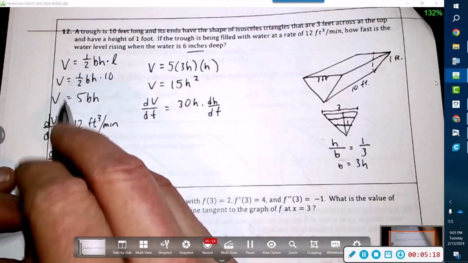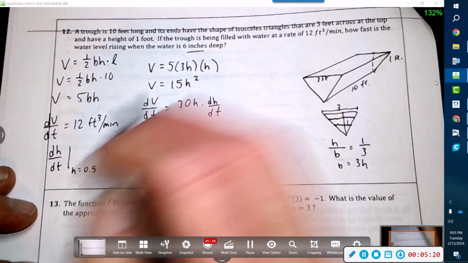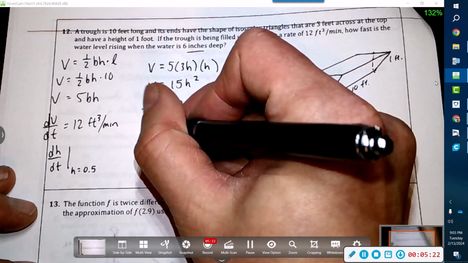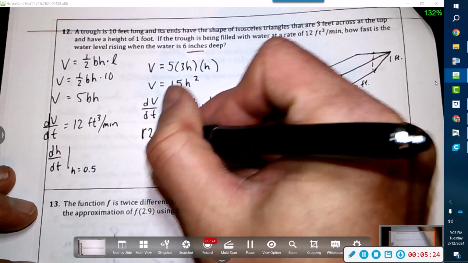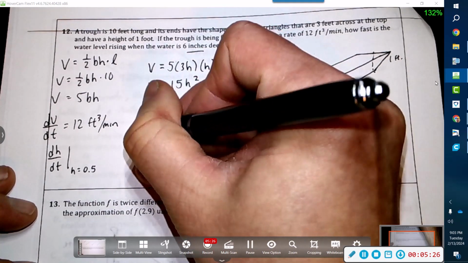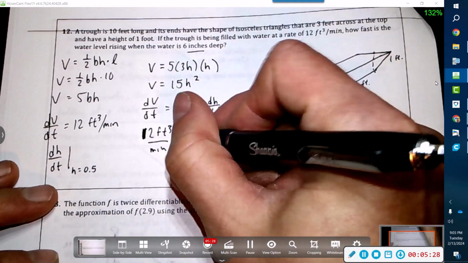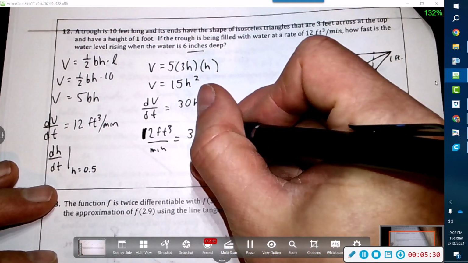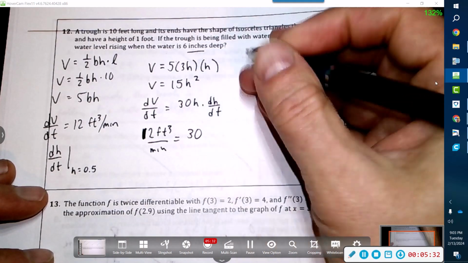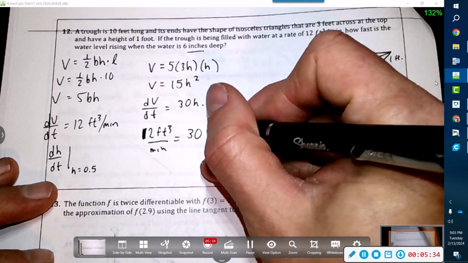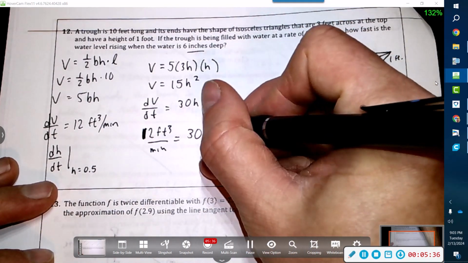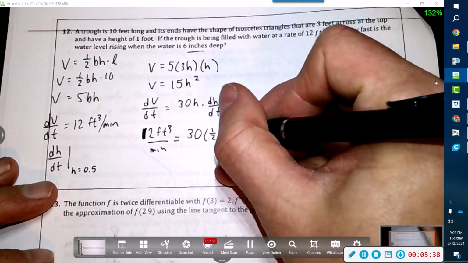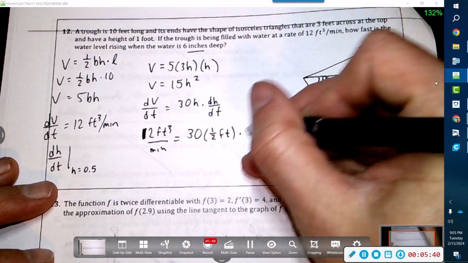We know that dV/dt is 12 cubic feet per minute, so 12 equals 30. We said h is a half, so that's 1/2 a foot, times dh/dt.